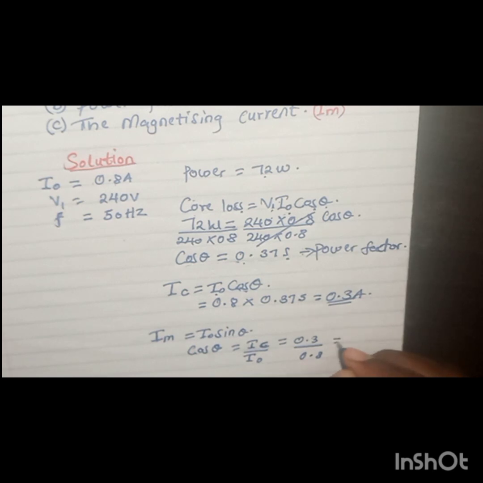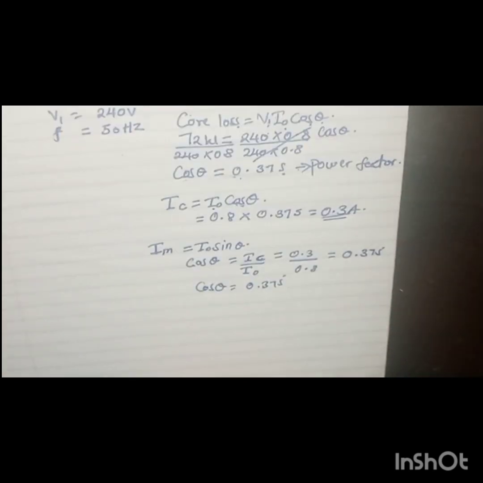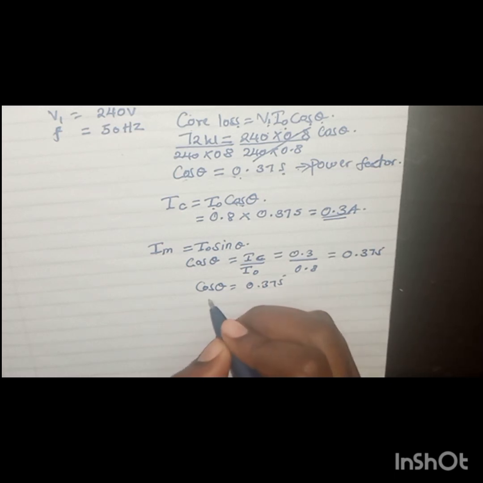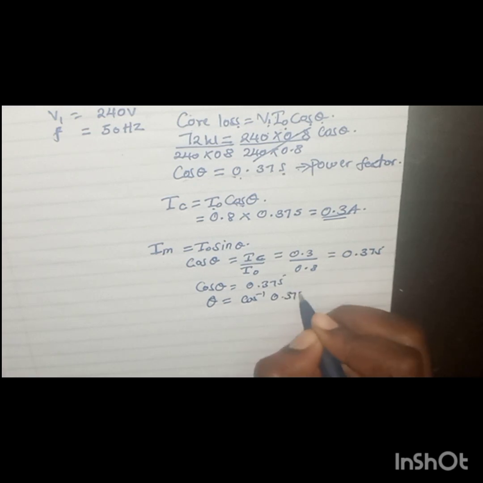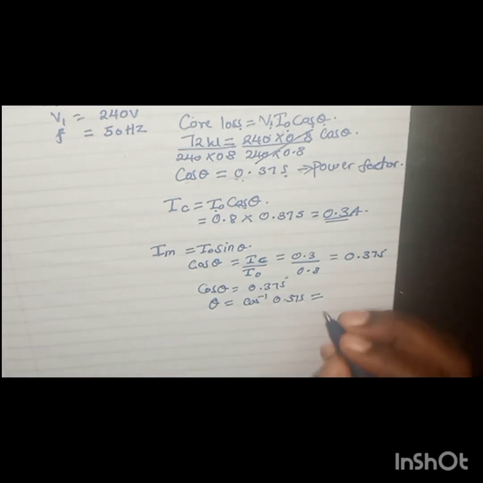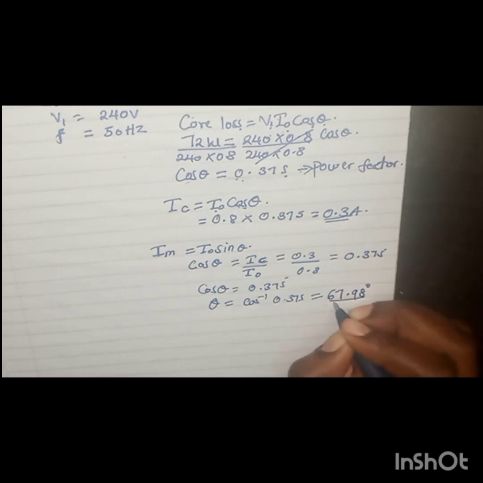This gives us 0.375, which is our cos theta. We can get theta by taking the cos inverse. So theta is the cos inverse of 0.375, which is equal to 67.98 degrees. That is our theta.